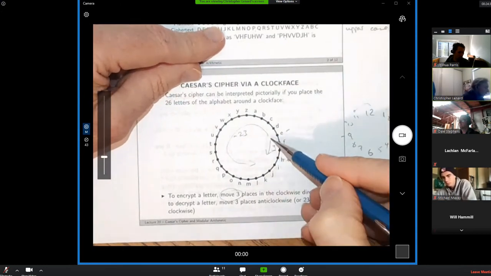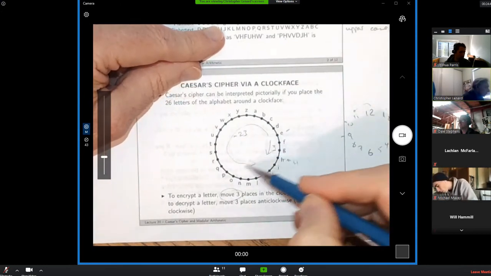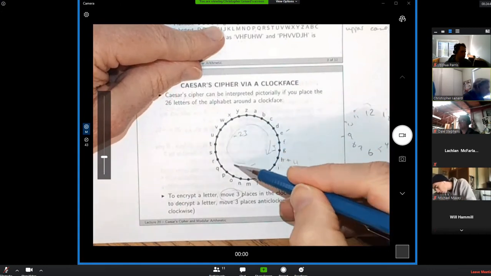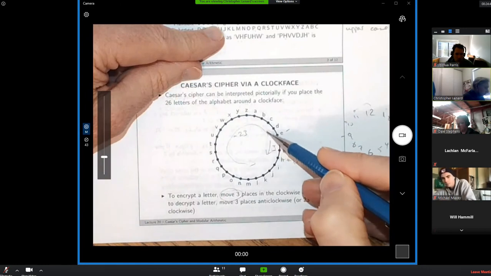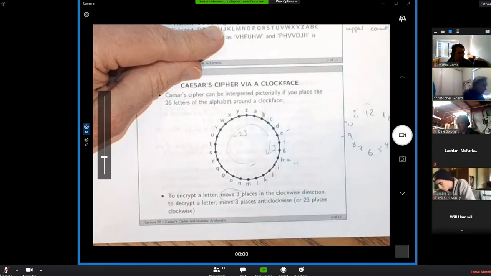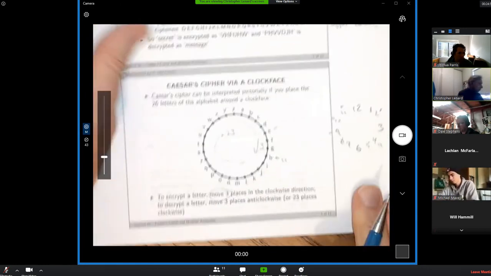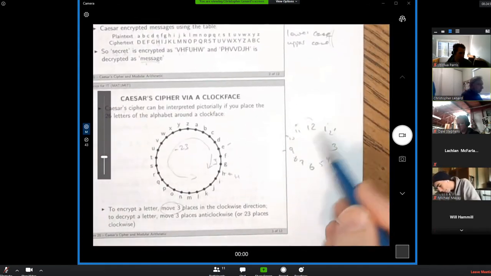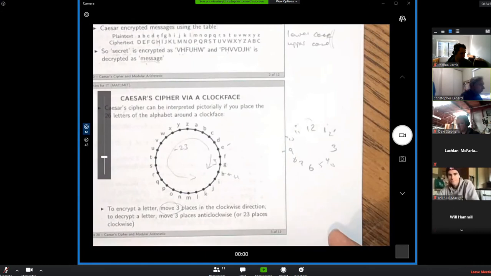So we're saying clockwise in the forward or the add direction, and counterclockwise, anti-clockwise in the negative or take away direction. Just like you do with time. It's exactly the same principle.